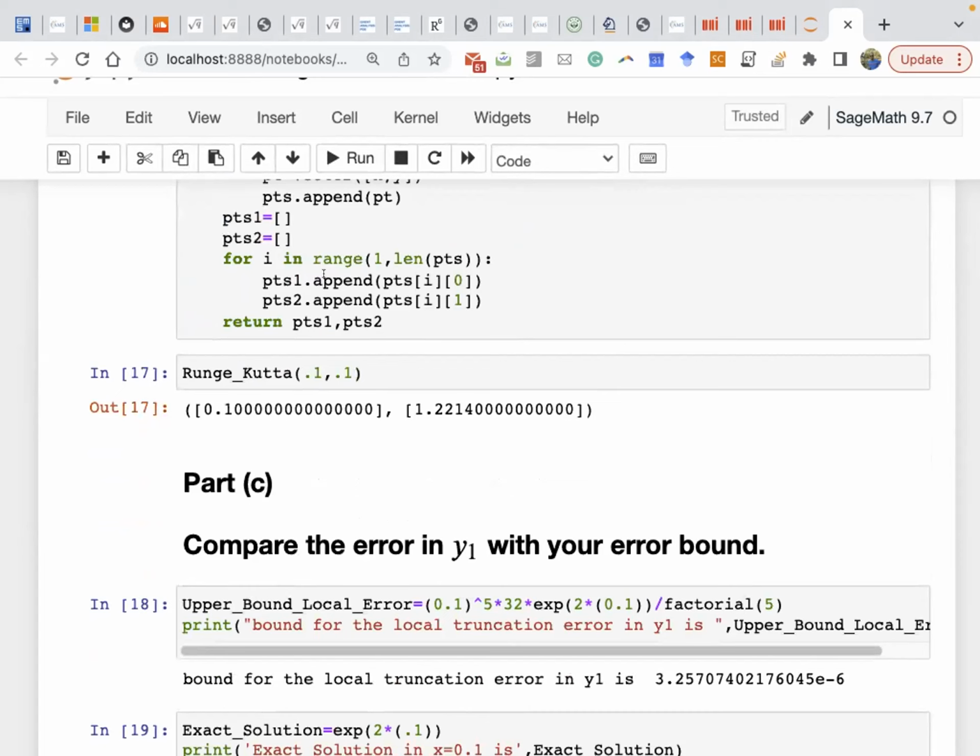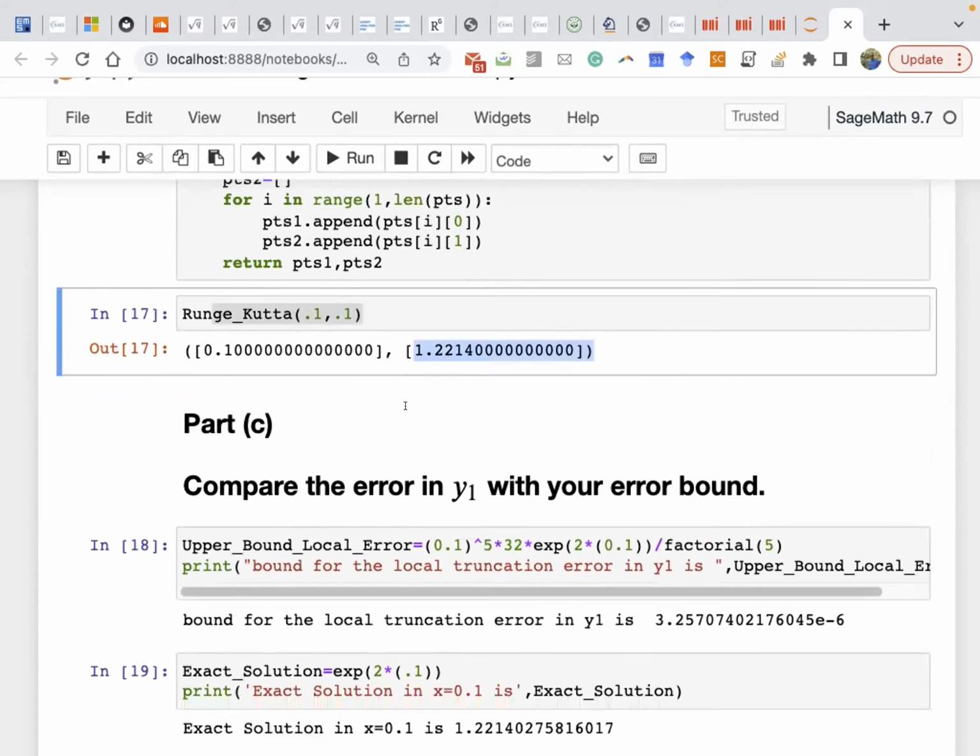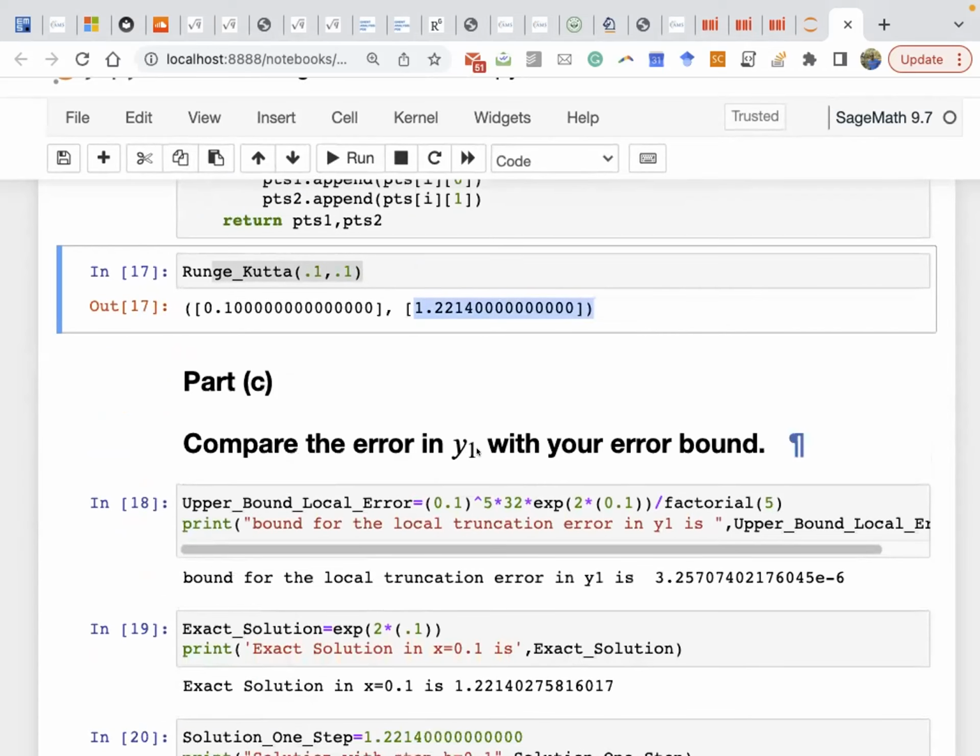Because if you have 1, so you will be fine. So Runge-Kutta in 1 step size, you get this guy. Part C, compare the error y1 with the error bound.